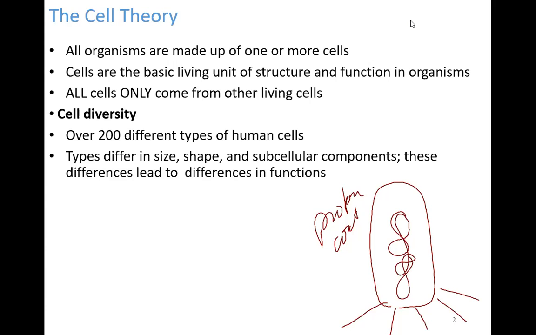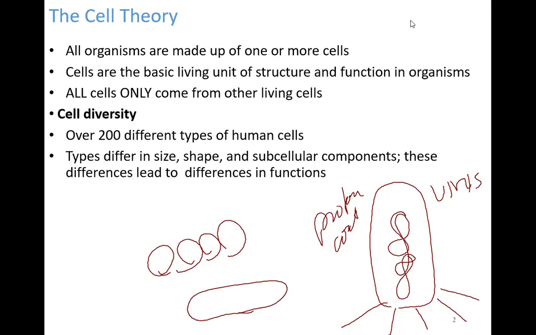It's not alive, that's a virus. Whereas a bacteria, whether it be like a streptococcus with round bacteria or a rod-shaped bacteria like anthrax, for example, or a spiral bacteria like syphilis, those are bacteria. Those are all made up of cells, and they are alive.